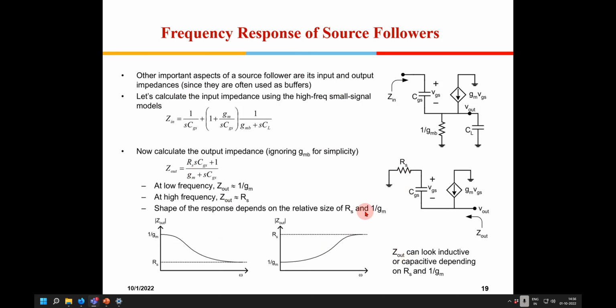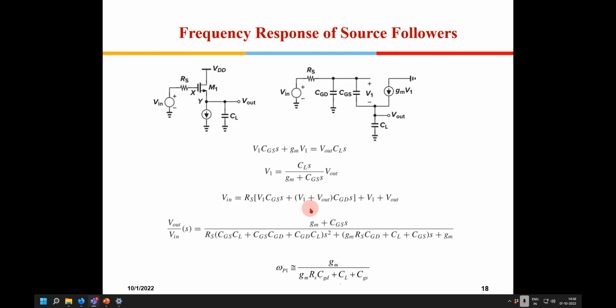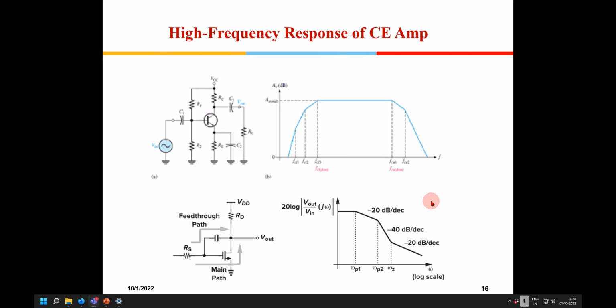Sir, can you go to the previous slides? You said 20 dB, 40 dB, and the third one was 20 dB again. It should be 60 dB, no, sir? 60 dB, yes, 20, 40, 60. But it was 20 only. Where? Here.